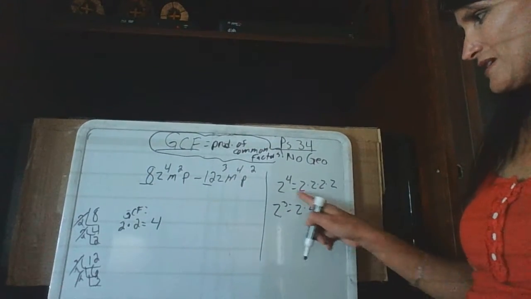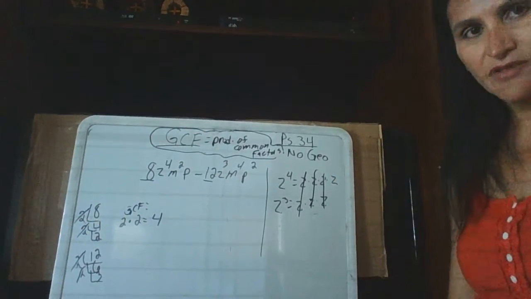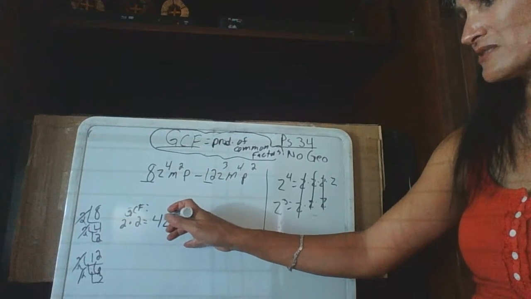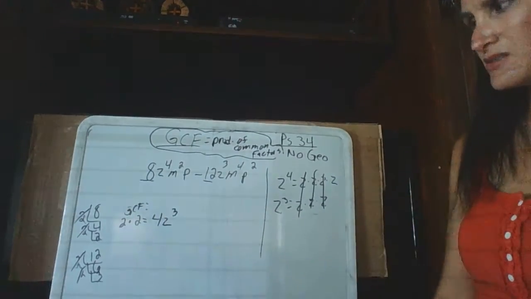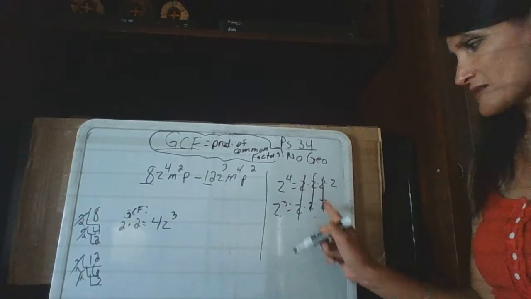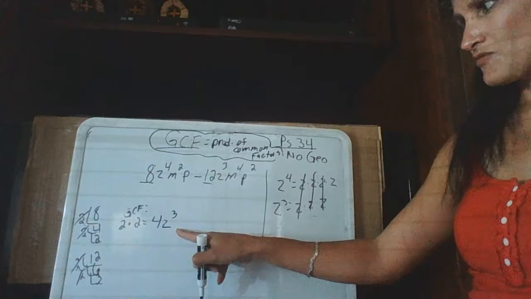This is 3 and this is 4. I would see that they have 3 of the z's in common. So that means that the common factor is 4z to the 3rd. Okay? It can't be 4 because the z to the 3rd doesn't have an extra z. Okay, so 4z to the 3rd.